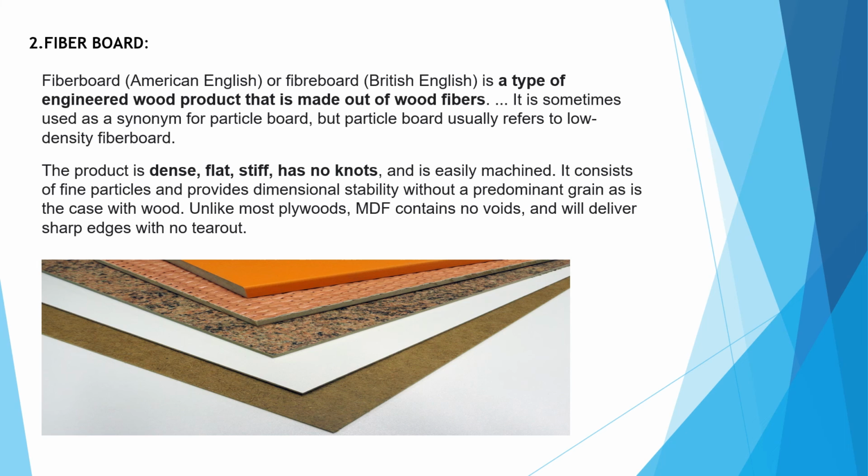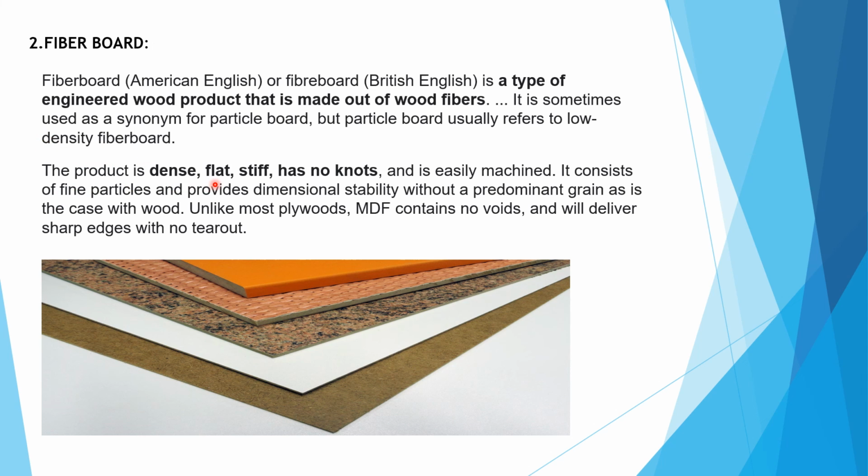Fiberboard is American English for fibreboard, British English. It is a type of engineered wood product that is made out of wood fiber. It is sometimes used as a synonym for particle board, but particle board usually refers to low density fiberboard.